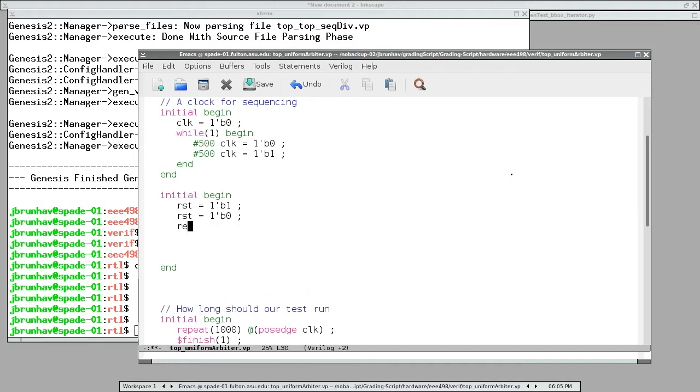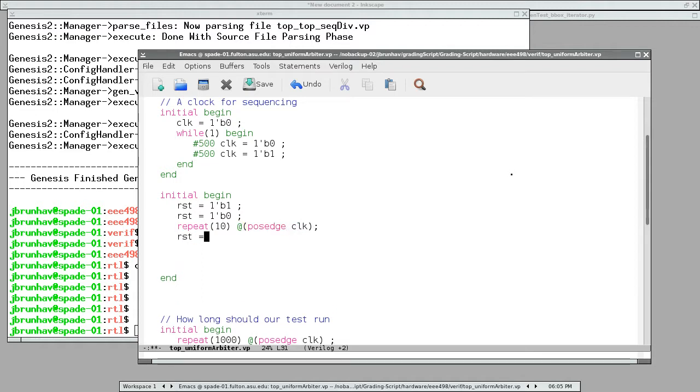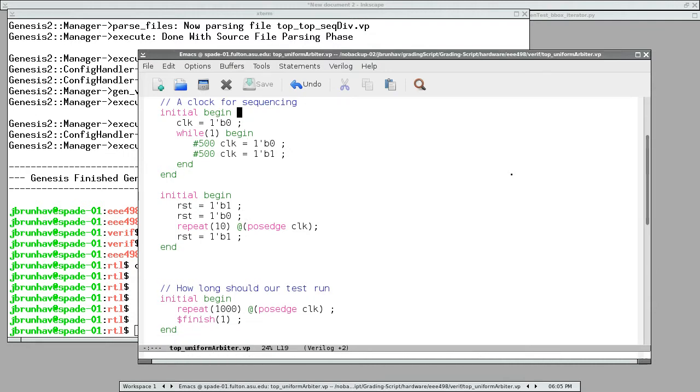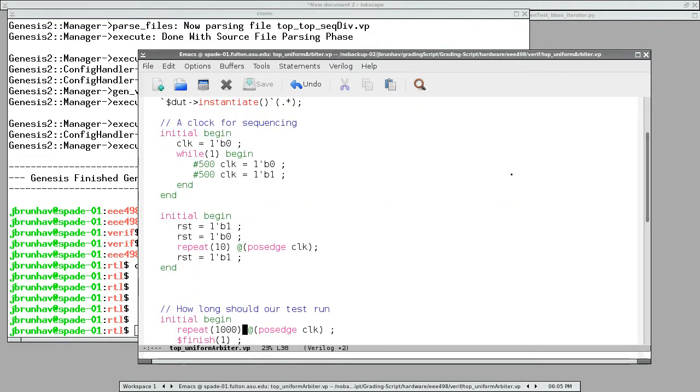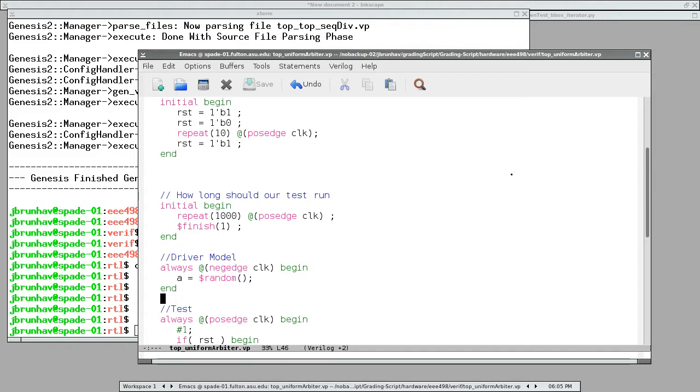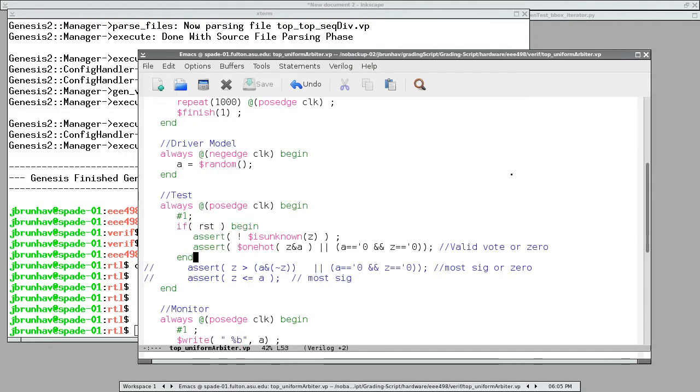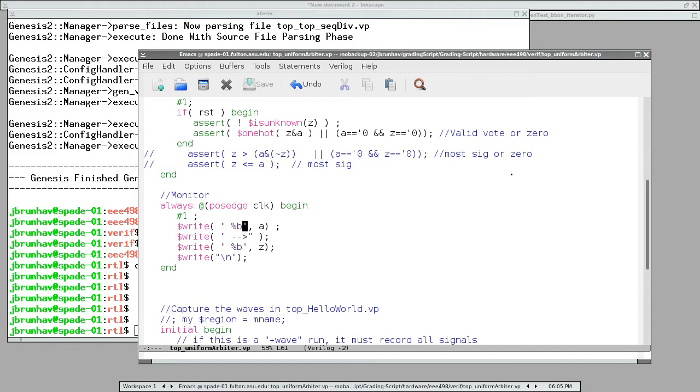Then we could do repeat 10 at posedge clock, so I'll wait 10 clock edges, and reset will go back high. So really quick and dirty reset. So I think that's all we need in here. So we have A and Z. We have a random vector to hit on A. We could be more clever, and then we have some stuff printing out. Good.